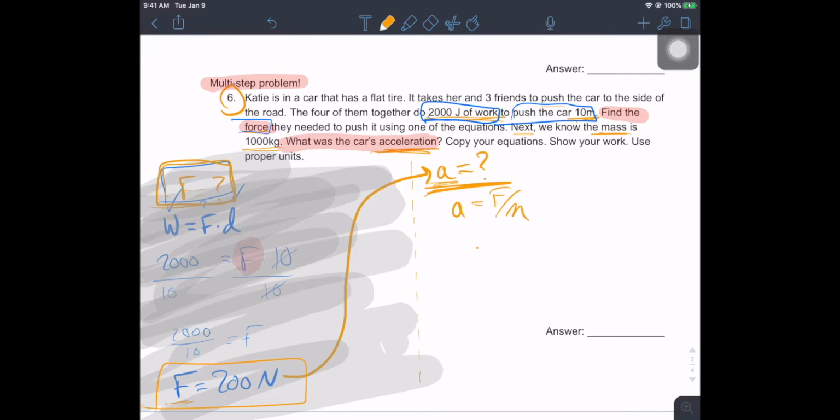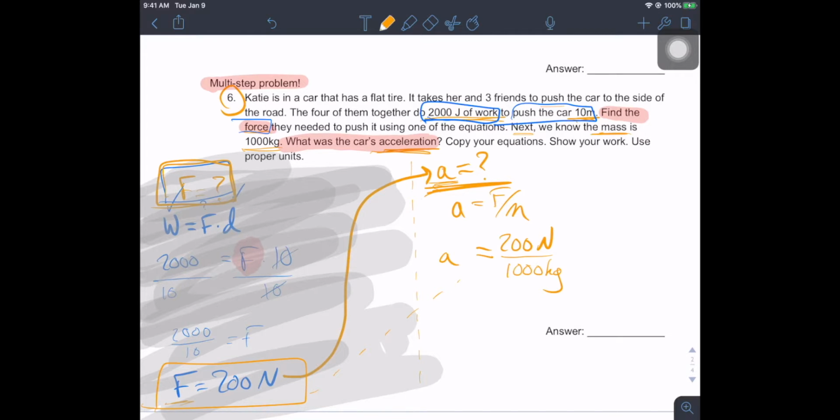And when I'm doing this, A equals F divided by M. I'm plugging and chugging my F from before, 200 newtons that I calculated, and my M, which is 1,000 kilograms.